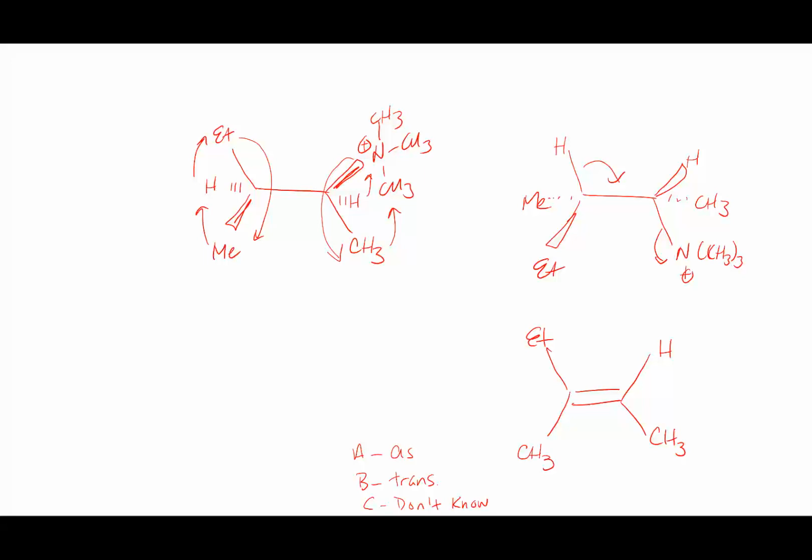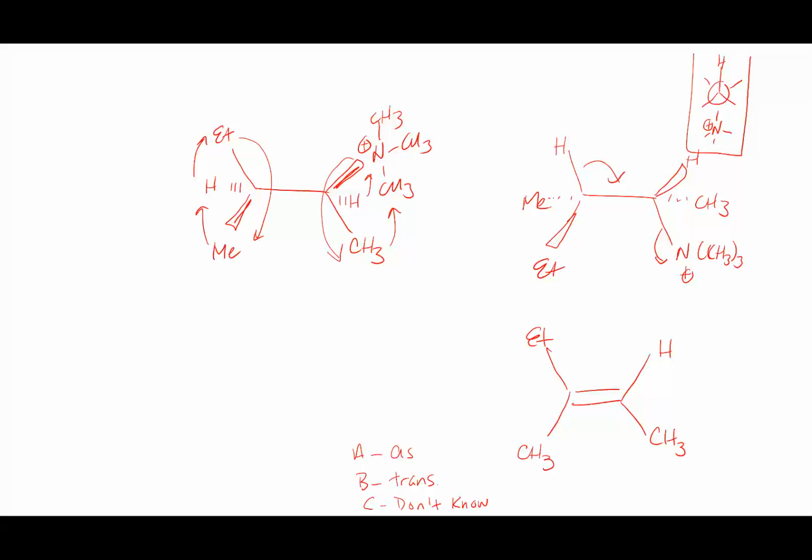Does that make sense? I mean, I could just rotate things up. If you don't like this, you could put this molecule into a Newman projection, because as I'm looking at this molecule, basically I'm looking at a Newman projection like this, and I want the hydrogen and the N+ species to be anti-periplanar.